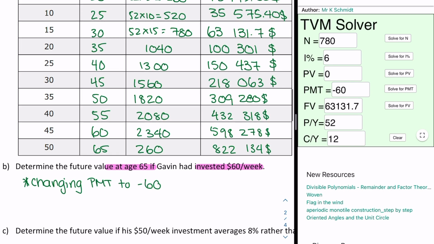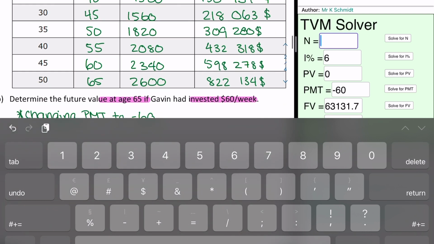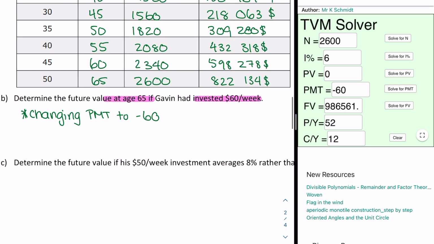And we are doing, oops, I forgot a 0 here. So we are doing the last one, so 2,600, solve for FV, and this is how much you would make. It's $986,561. So that's how much he would make had he been putting $60 away.